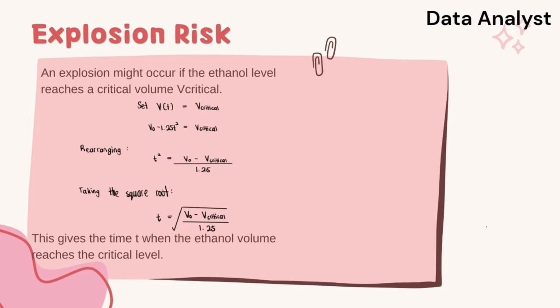Next, we rearrange our equation, so t squared equals (V0 minus V critical) over 1.25. Taking the square root, t is equal to the square root of (V0 minus V critical) over 1.25. This gives the time t when the ethanol volume reaches the critical level.